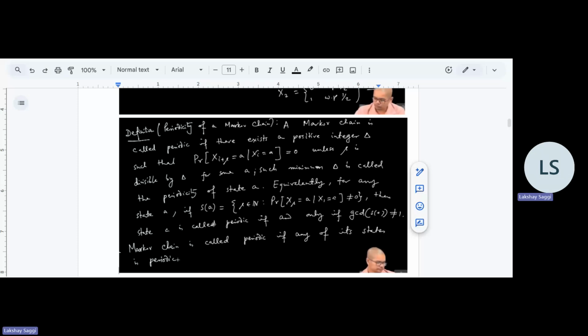And when is a Markov chain called periodic? A Markov chain is called periodic if any of its states is periodic. Only then do we call the Markov chain periodic.